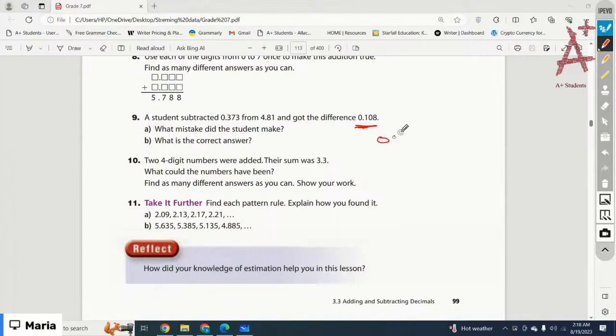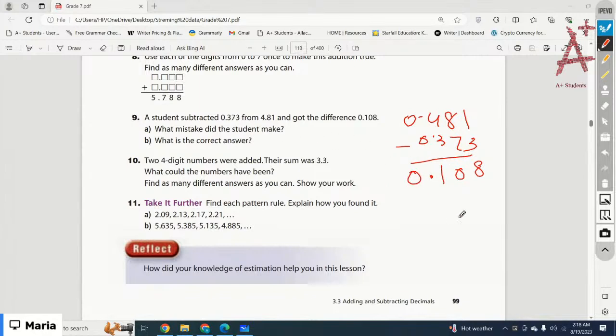He has written 4.81 as 0.481, right? Yes, that's the mistake he did. He did 0.481 minus 0.373, and when you subtract, 11 take away 3 is 8, 7 take away 7 is 0, 4 take away 3 is 1. That is the mistake he made, right?